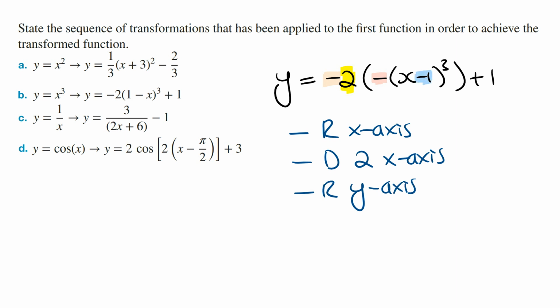The -1 is going to translate the graph or the function 1 unit to the right. And then the +1 is going to translate the graph 1 unit up. And so these are the 5 sequences of transformations that you would need to state.